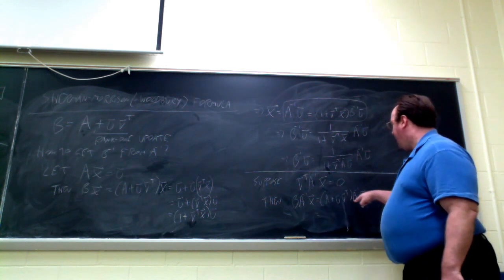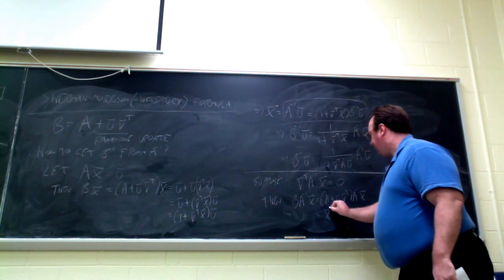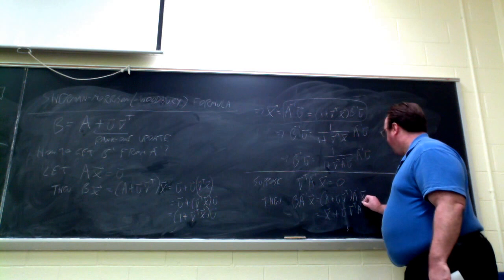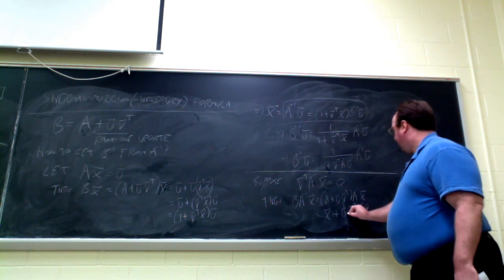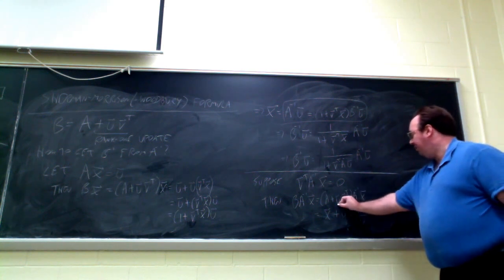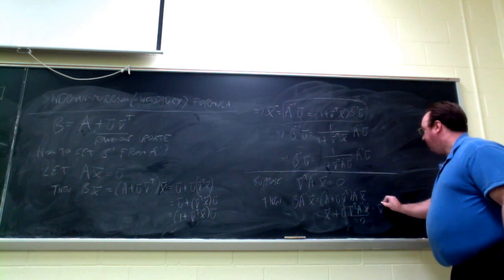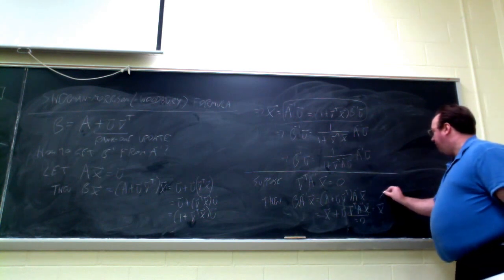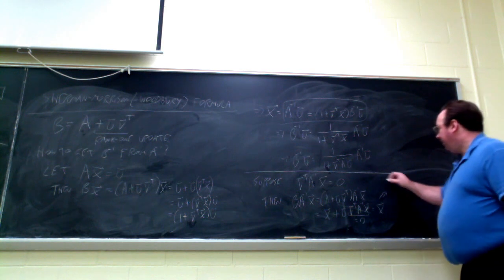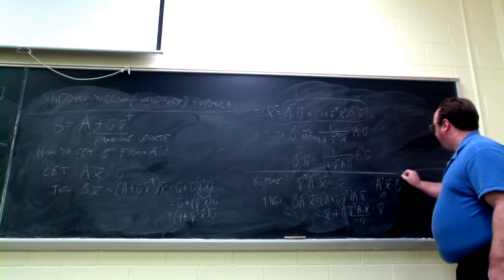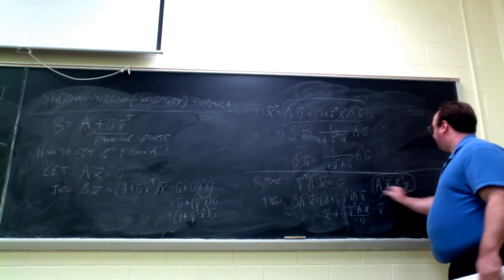I get A inverse X, which is just X. And then I get U V transpose A inverse X. But that's 0. So that wipes out this whole term. And I'm left with X. So in other words, B A inverse X is equal to X. So now I can multiply both sides by B inverse on the left. And I get A inverse X is equal to B inverse X.